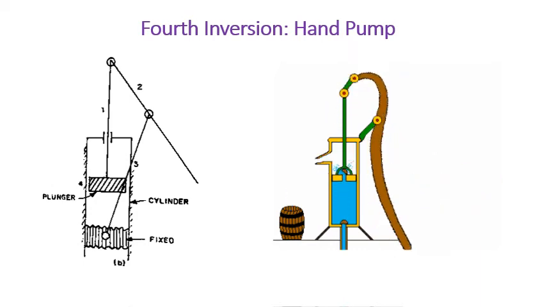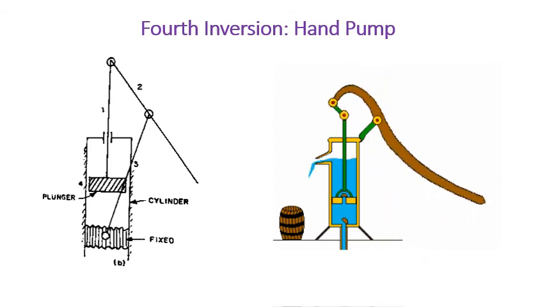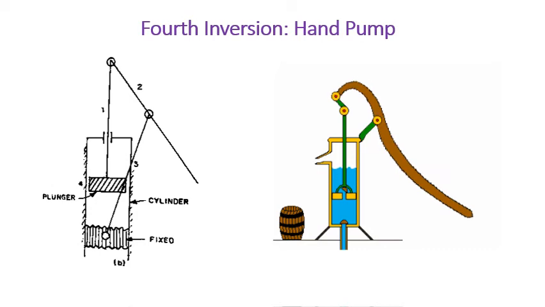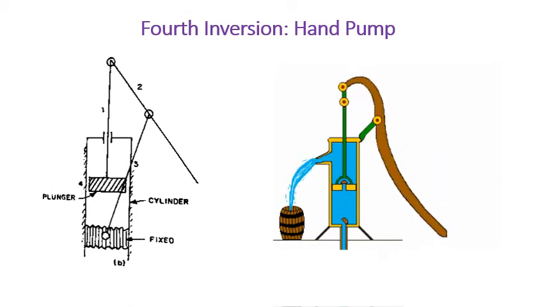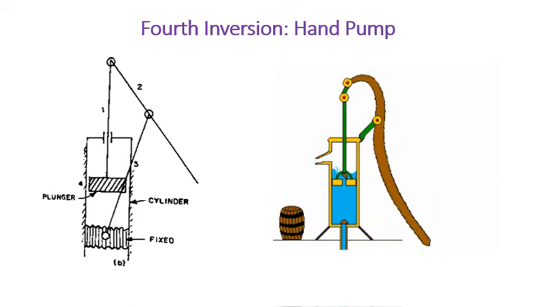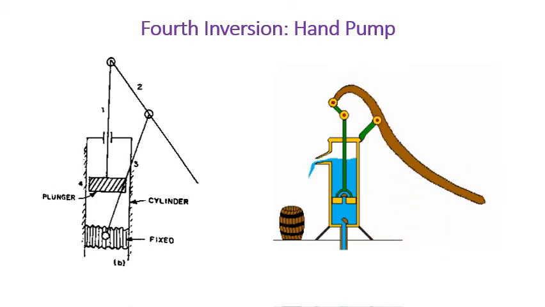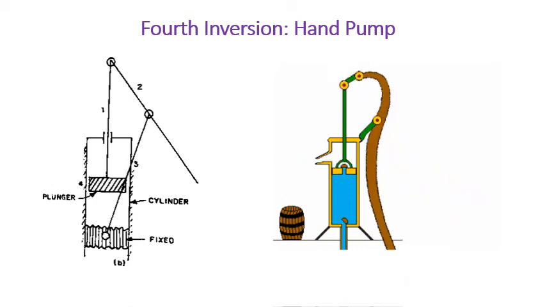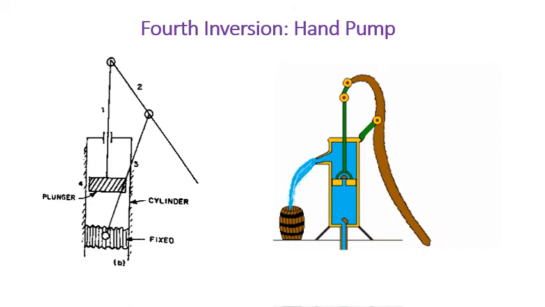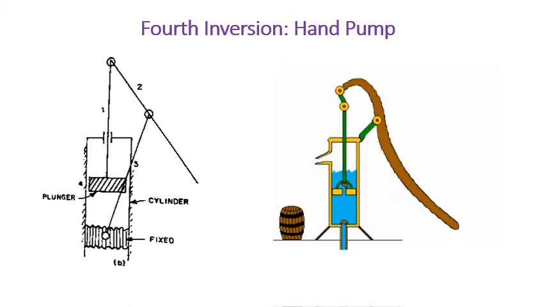In the animation you can see how this hand pump works. When the plunger moves inside the cylinder, there is opening and closing of the valve, and due to that, pressure builds up inside the cylinder, and the water comes out from the pipe.